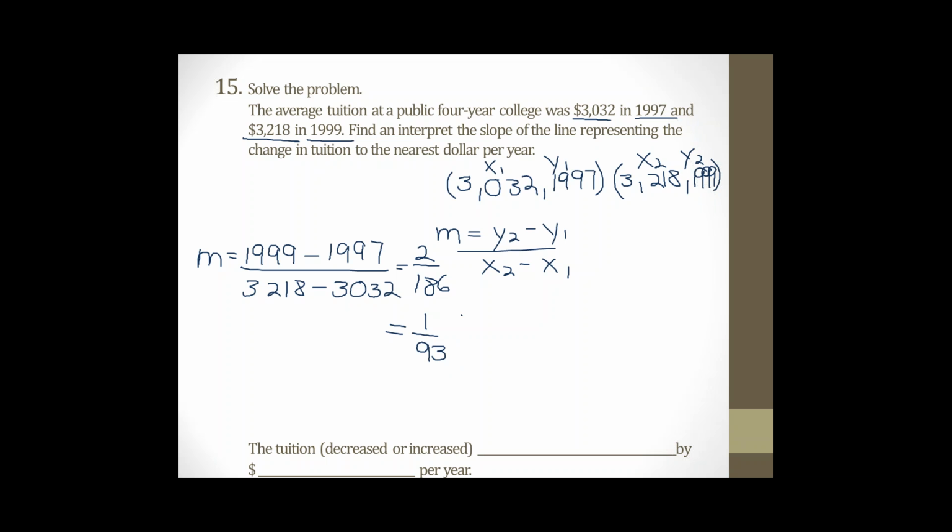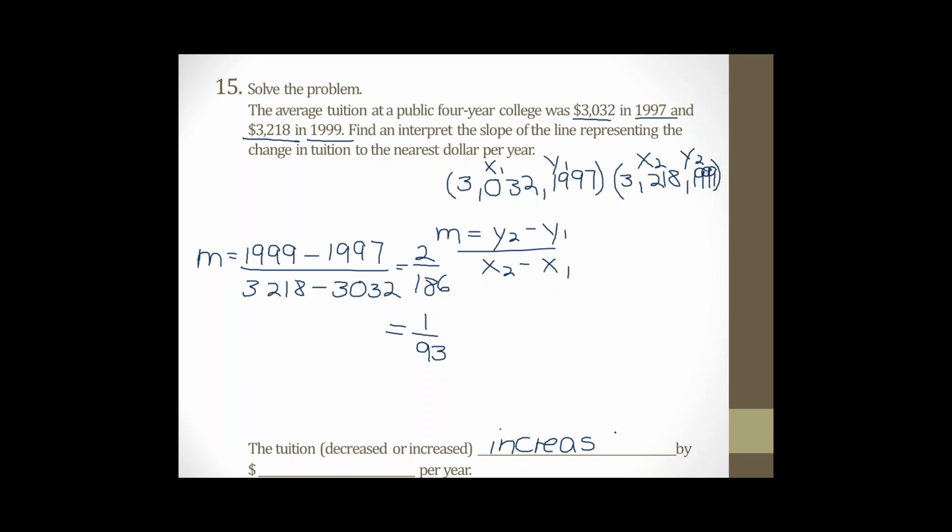Okay, so now they want me to interpret this slope based on this problem talking about tuition. Because I have a positive slope, that means increased. Increased is positive and decreased would mean negative. So I'm going to have this sentence here, like you will have on your test, and just type the word that you think it would be. So a positive slope, it should be increasing.